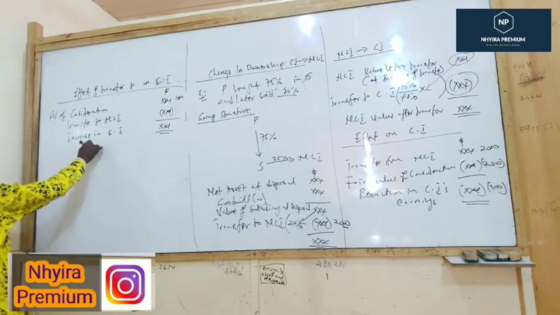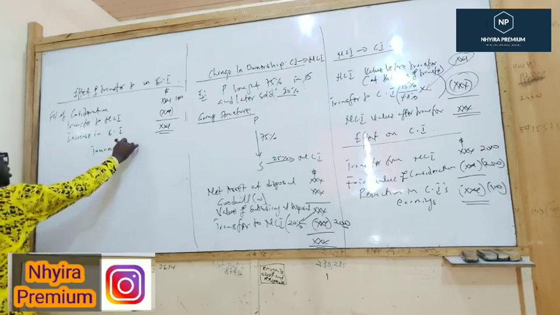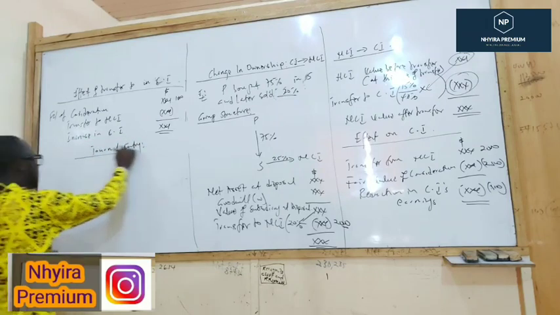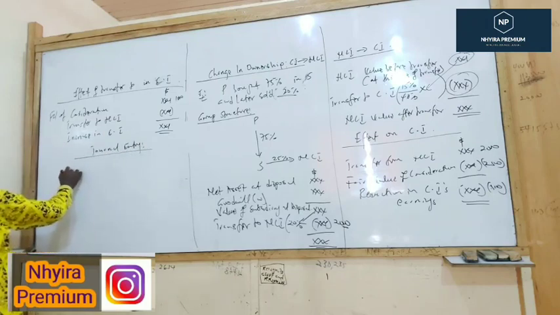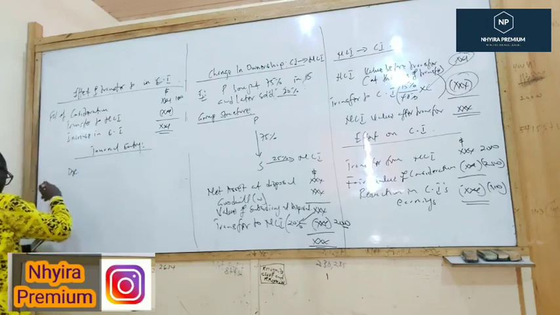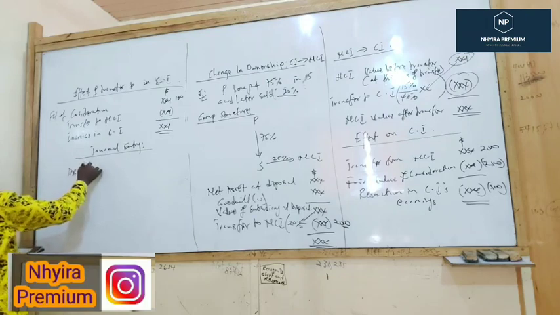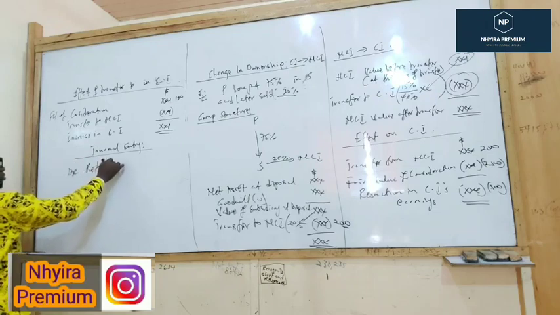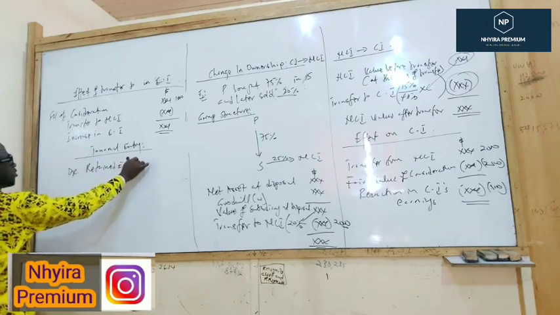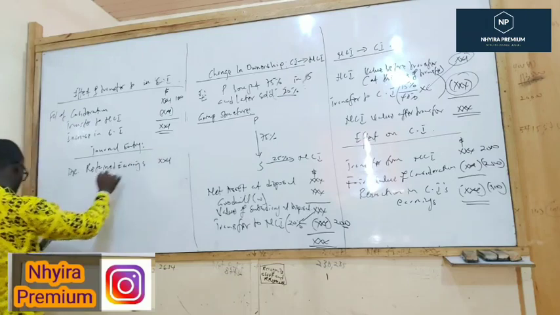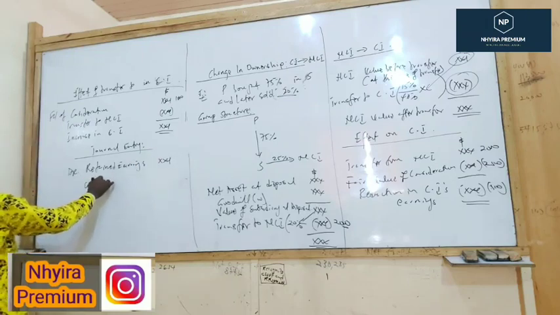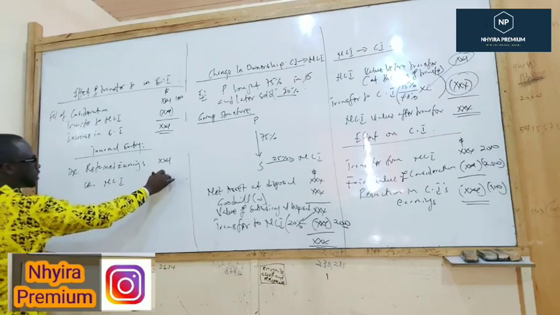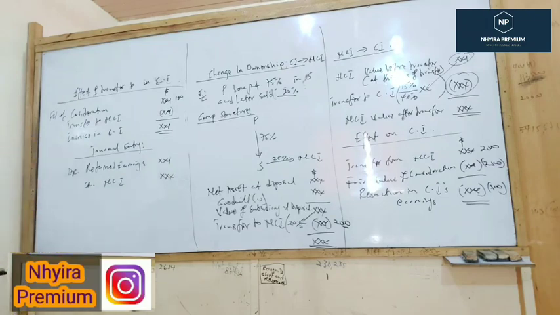So the double entry, or the journal entry: we're going to debit our retained earnings and then credit the NCI, because we are transferring something to the NCI.